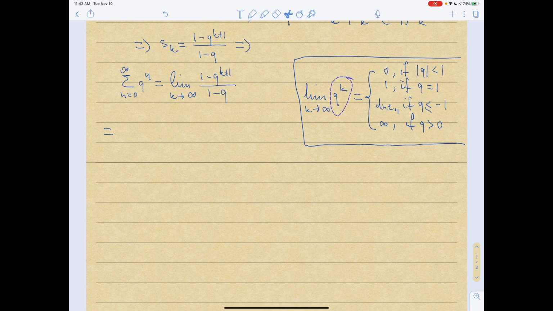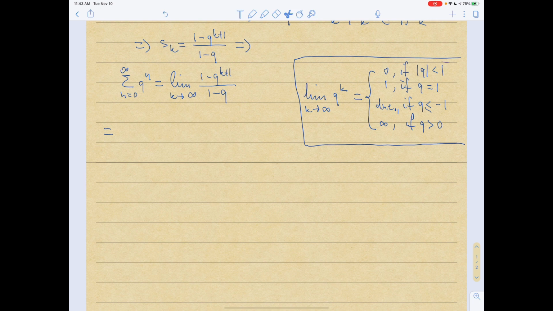And like we have said several times before, q to the k plus 1 is basically the same thing as q to the k. The limit is exactly the same, because you move along the same terms as you go along the sequence, except that you're staying one index ahead. So the limit must be exactly the same.